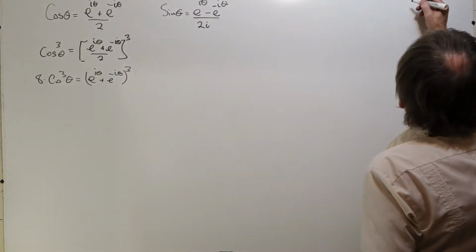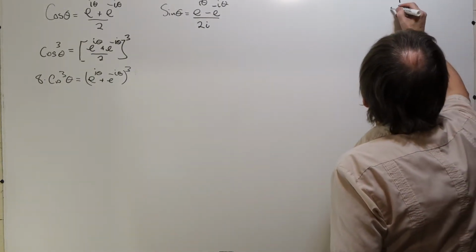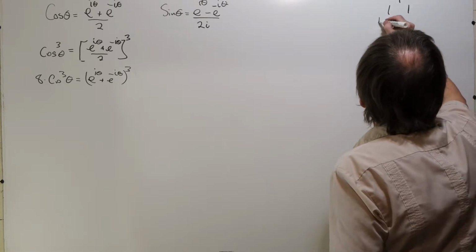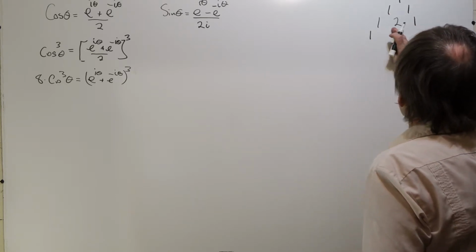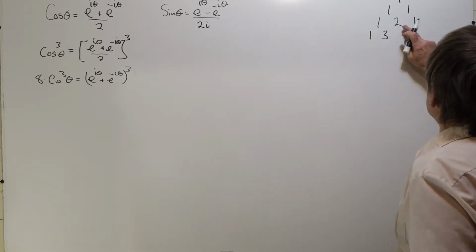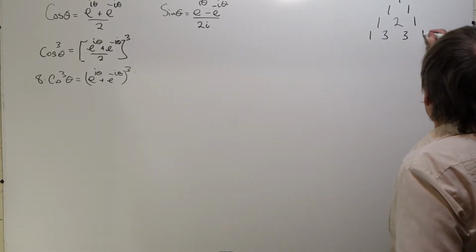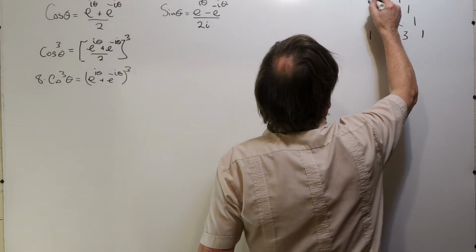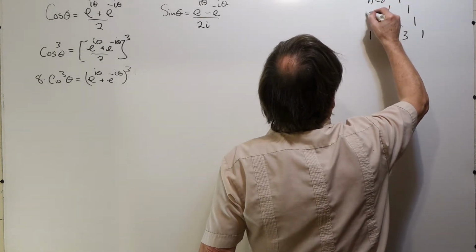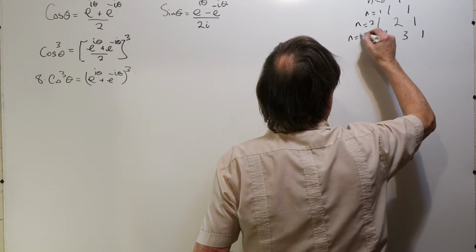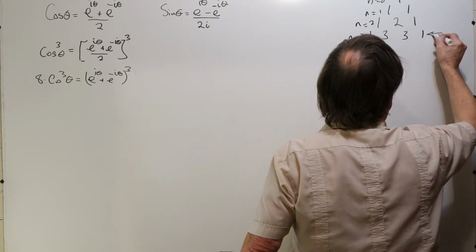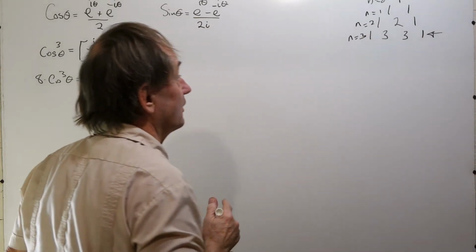And again, to expand this, we use Pascal's triangle. And the way we do that, just to show again, we put 1, 1, and 1, 1, 2, 1, then 1. We sum these two, that gives us 3. 2 and 1 gives us 3 and 1. This is n equal to 0, n equal to 1, n equal to 2, n equal to 3. So this is the row of Pascal's triangle that we're going to use.